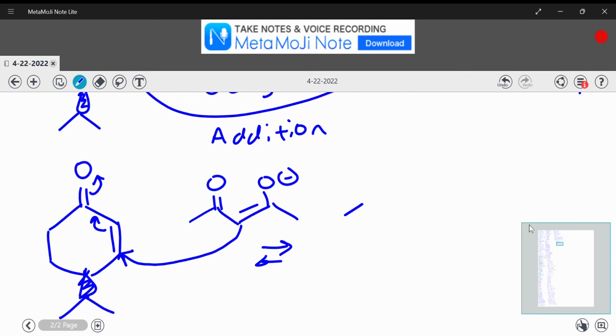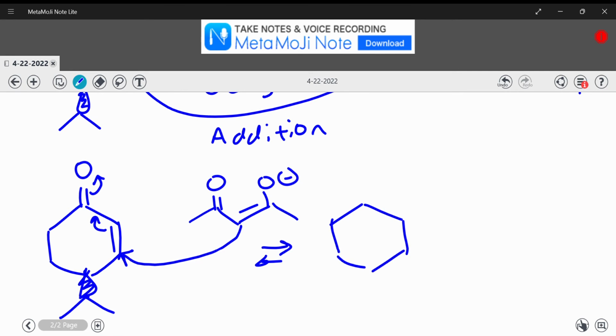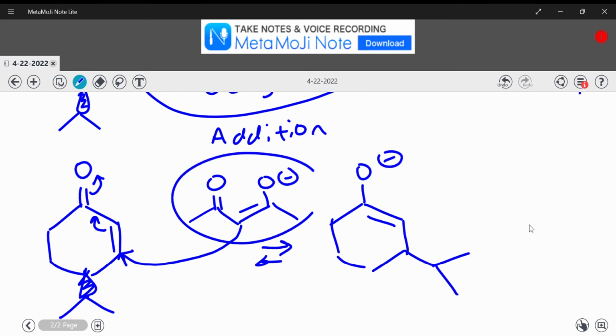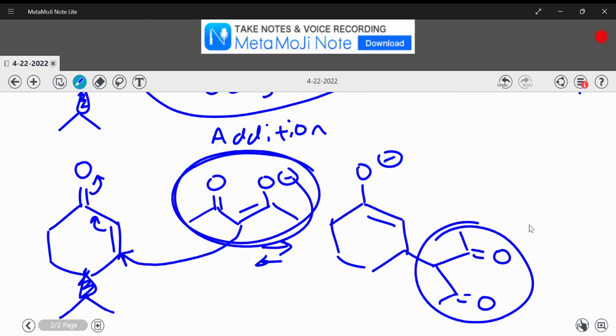It's going to give us this. O minus, double bond here, and then attached is going to be this group here. I'm not going to draw, well, I can just draw all of it, why not? Another way to write this is CO2CH3.